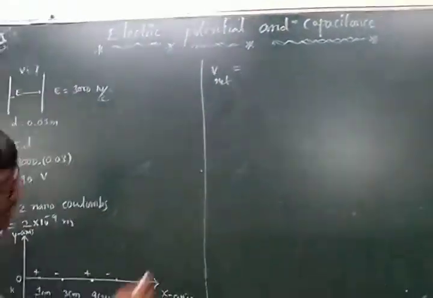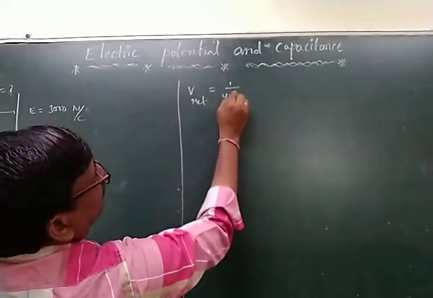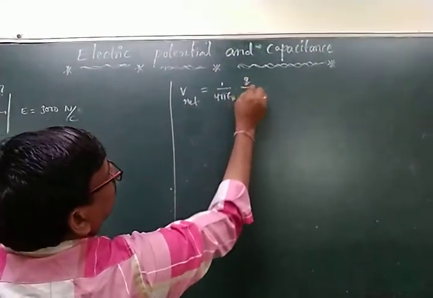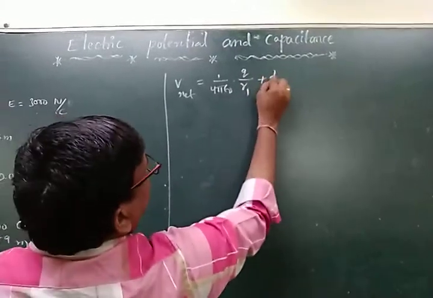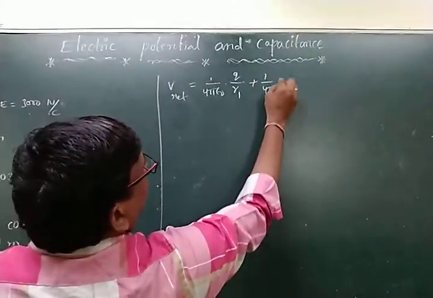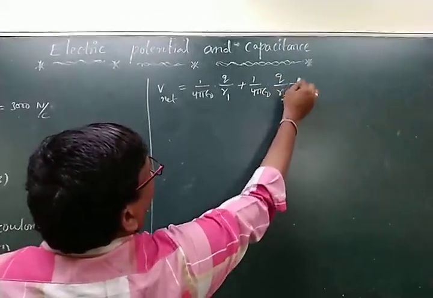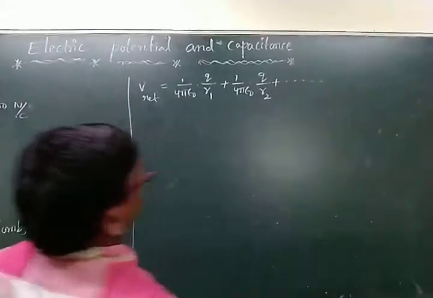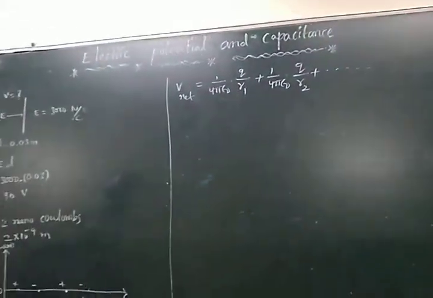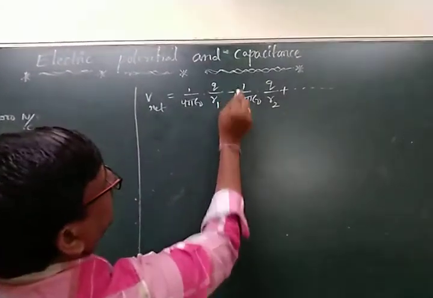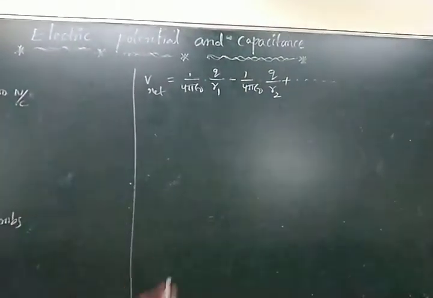V1 is equal to 1 by 4 pi epsilon naught Q by R1 plus 1 by 4 pi epsilon naught Q by R2 plus and so on. But here, since the charges alternate, the plus is converted to minus, next plus and after that minus.